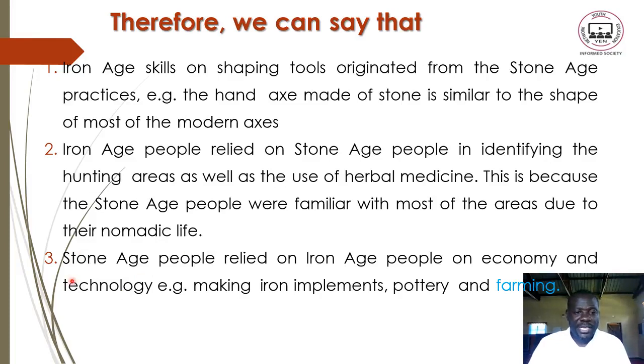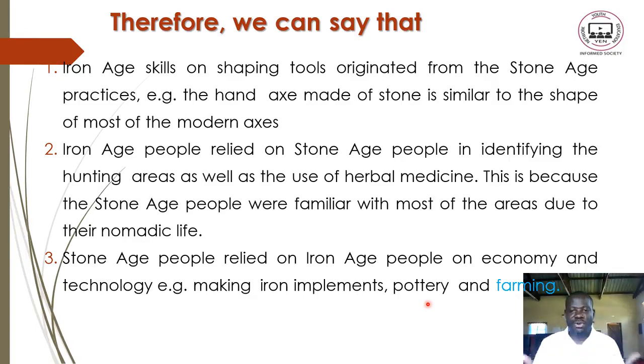Number three, we are saying that Stone Age people relied on Iron Age people for economy and technology, that is, making iron implements, pottery and even farming. The Stone Age people also depended on the Iron Age people who brought in a new technology, a new way of doing things.